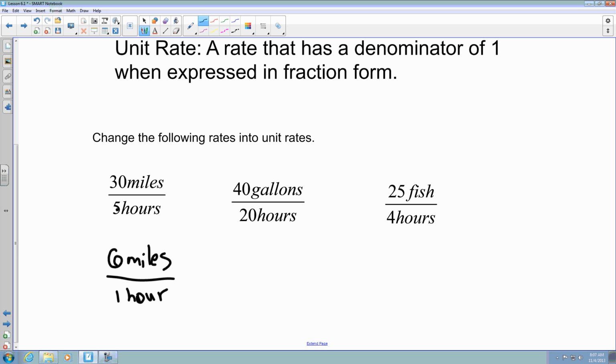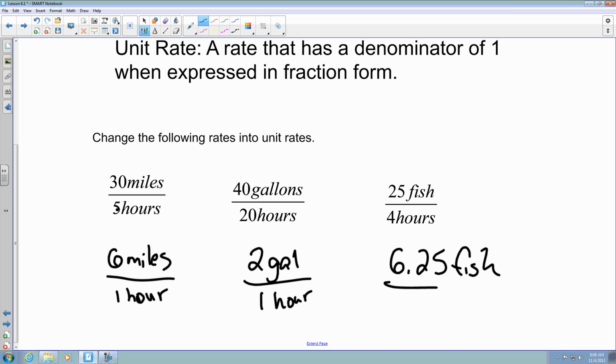Take 40 divided by 20, which will give me 2 gallons per 1 hour. And then the last one, 25 fish over 4 hours, 25 divided by 4 gives me 6.25, so I can write this as 6.25 fish per 1 hour.